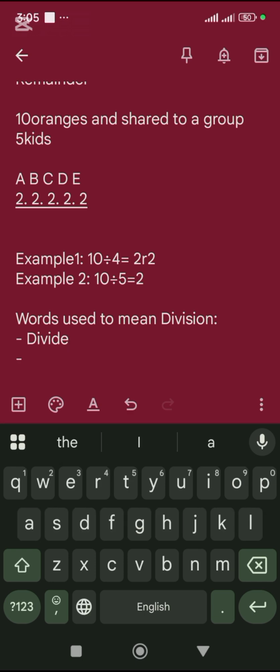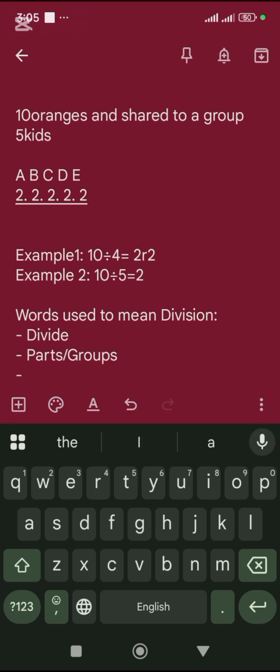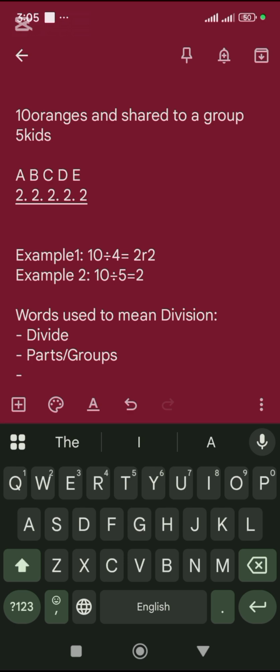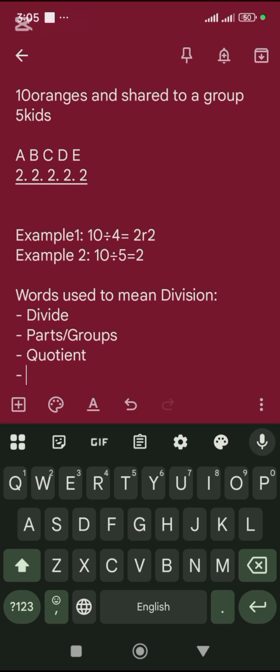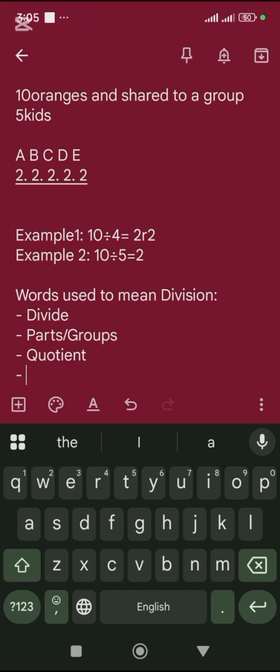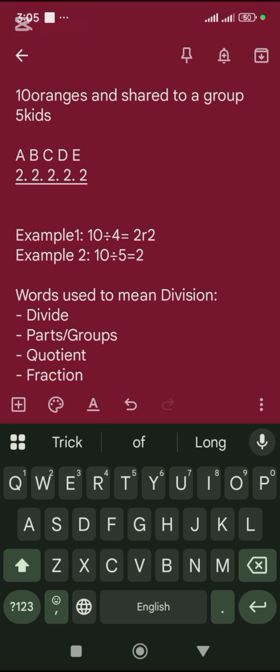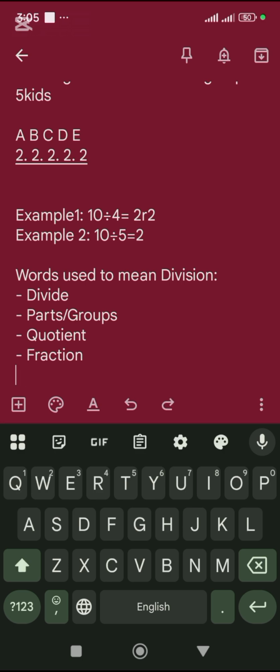Number 2, parts or groups. Number 3, quotient. And number 4, fraction. Although fraction is a little bit deeper, I'm going to be explaining it as we move along.